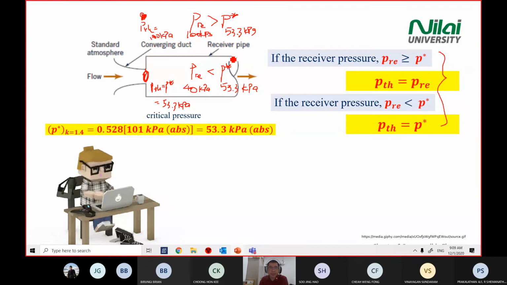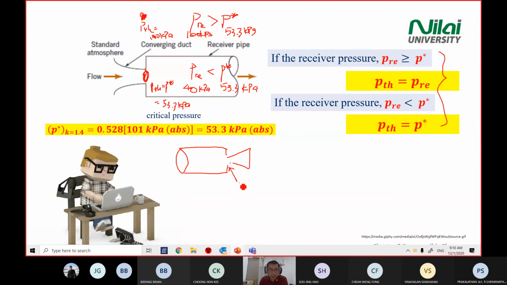All right, so I'll just repeat. If you define your P star or critical value at 53.3, then you look at the receiver pressure or internal tank pressure, and then you can predict the throat pressure. I'm going to ask a question based on this statement. Let's say you have an internal tank here.